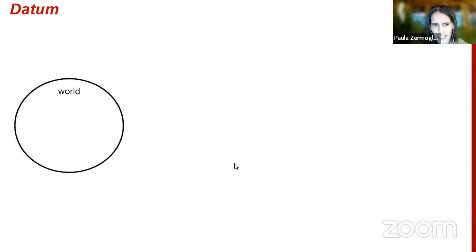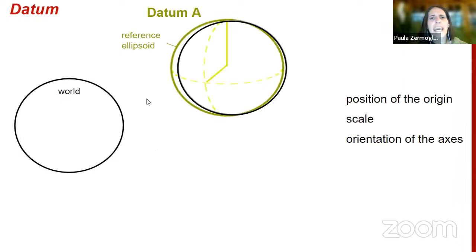Let's look at it graphically now. We have a representation of the Earth, and we can see here one datum that uses a reference ellipsoid. And so we're saying it defines the position of the origin, the scale, and the orientation of the axis of that reference system.